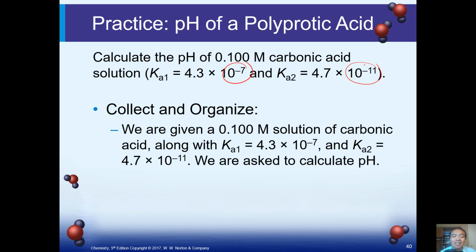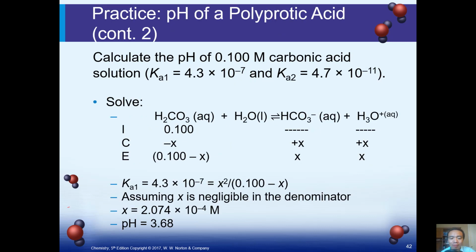So when we do the calculation of the pH, the ICE table will be based on the first step ionization only. For carbonic acid, the first step ionization by reacting with water gives you hydrogen carbonate ion and hydronium ion. That's the first step. And the K for this step is Ka1. Okay. Do remember, water is a pure liquid. You should not include anything in this column.